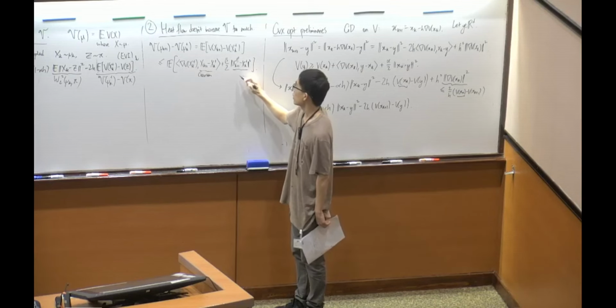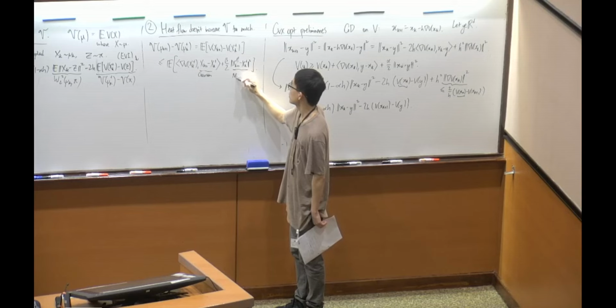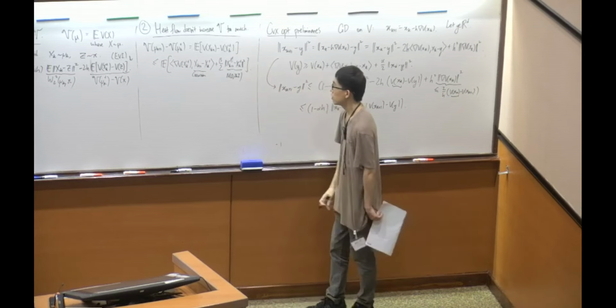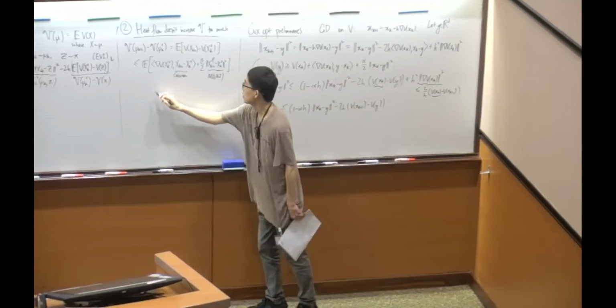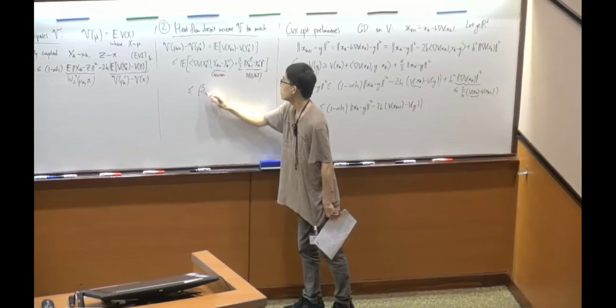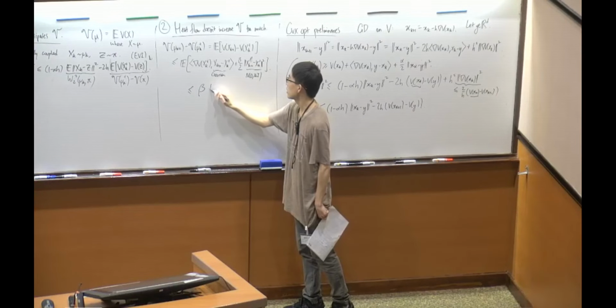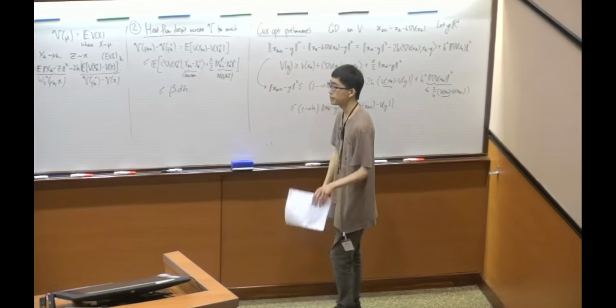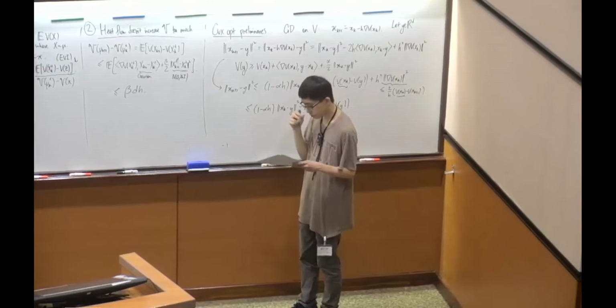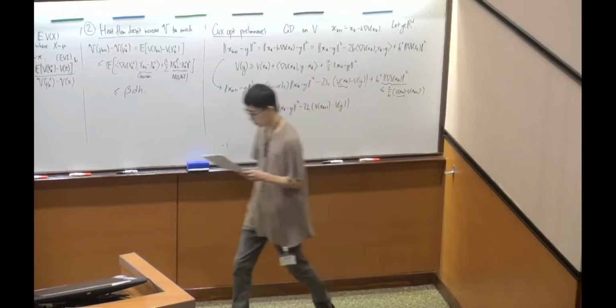And here, I have the Gaussian. So this is distributed as N(0, 2hI). So I can just compute the expected squared norm of this. And this will give me beta times dh. So that was step 2.